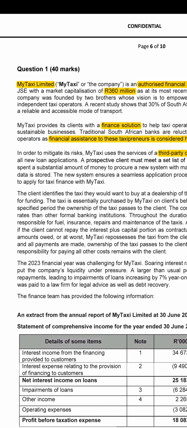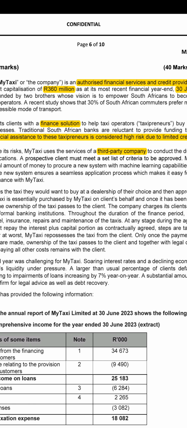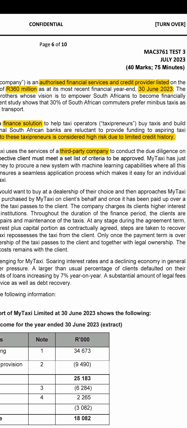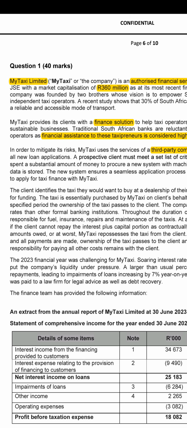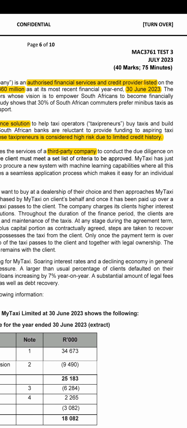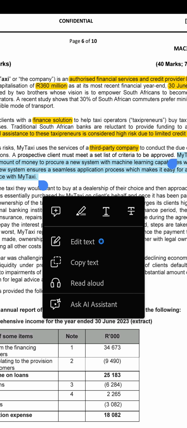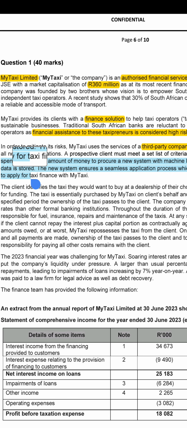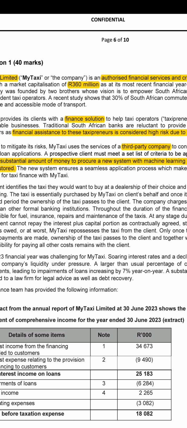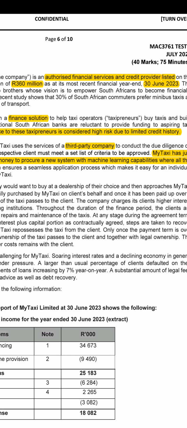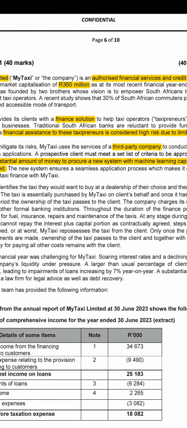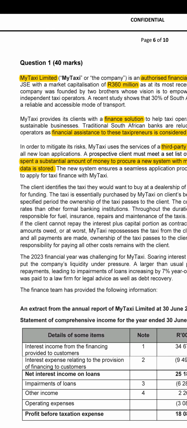My Taxi has just spent a substantial amount of money to procure a new system with machine learning capabilities where all this data is stored. So I would highlight that as well. The new system ensures a seamless application process, which makes it easy for an individual to apply for taxi finance.